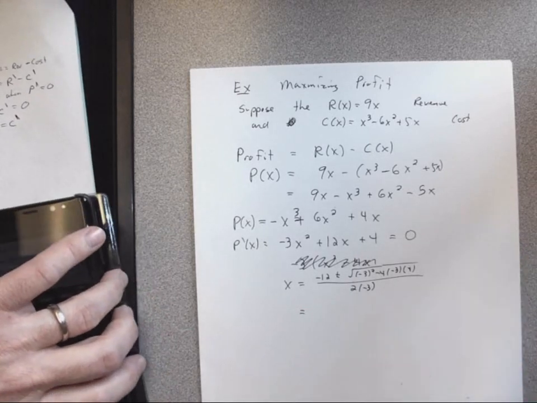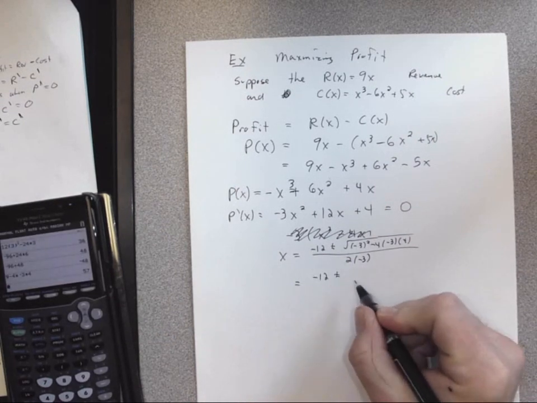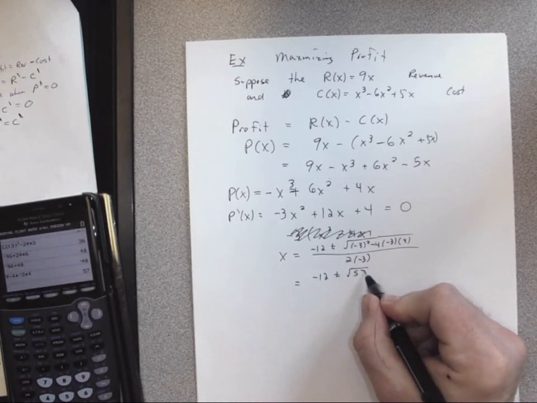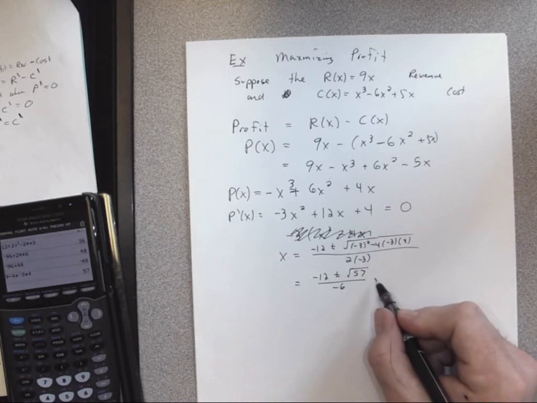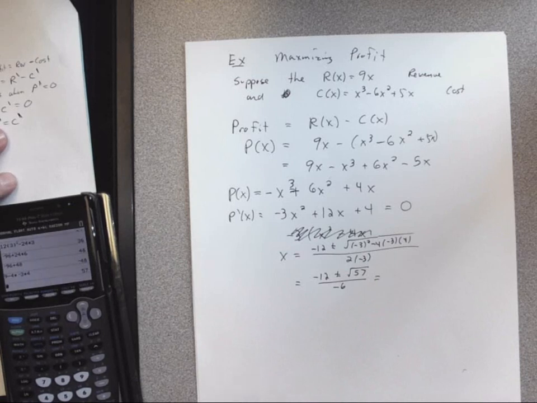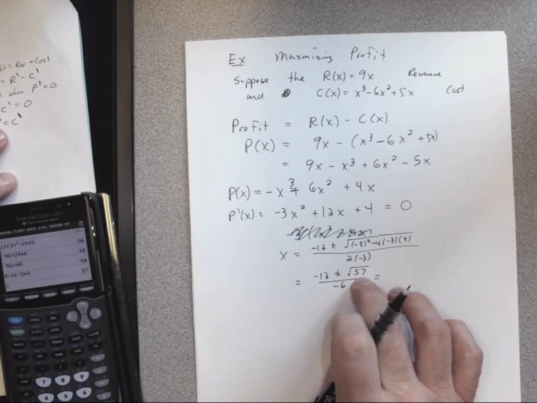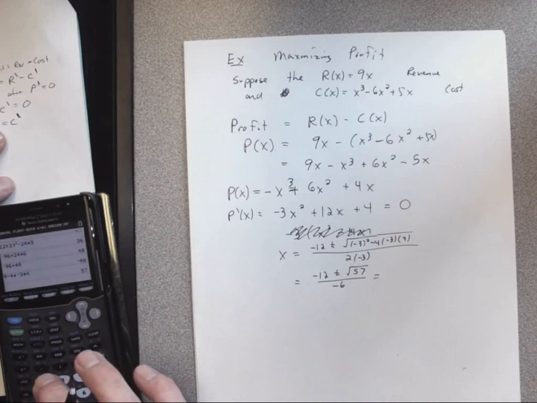Oh, it doesn't matter. I just got it. Okay, so this is going to be equal to minus 12 plus or minus the square root of 57 all over negative 6. So horrible, horrible numbers. Whatever, it's going to be fine. So 57, I don't see any perfect squares in there. So what I'm going to do is just give us decimal approximates for these.